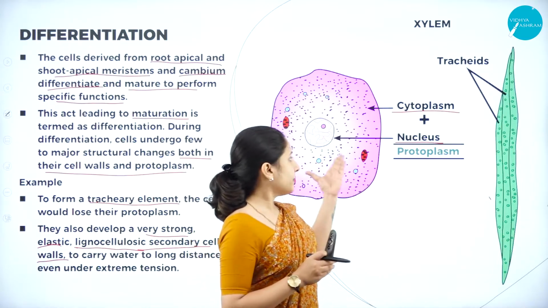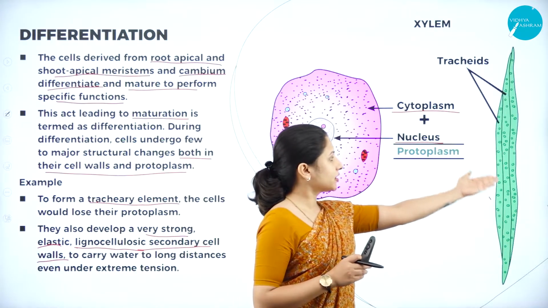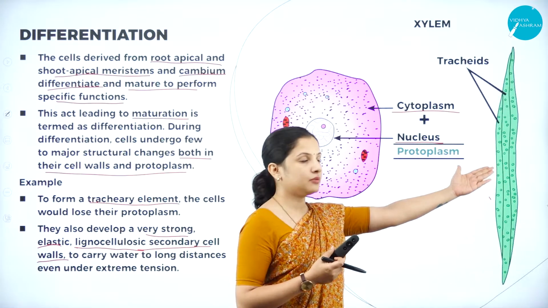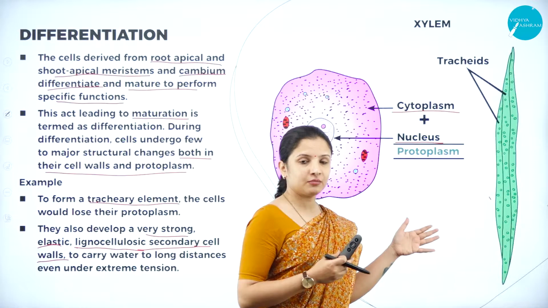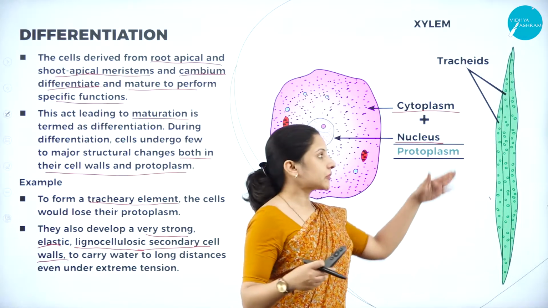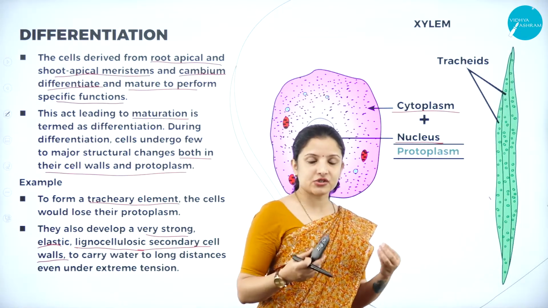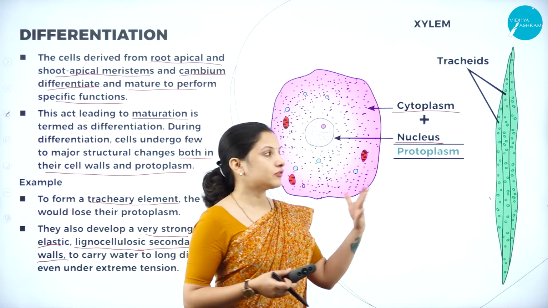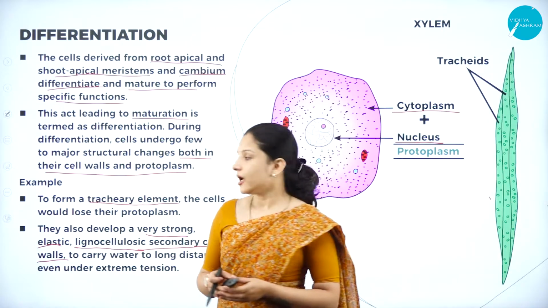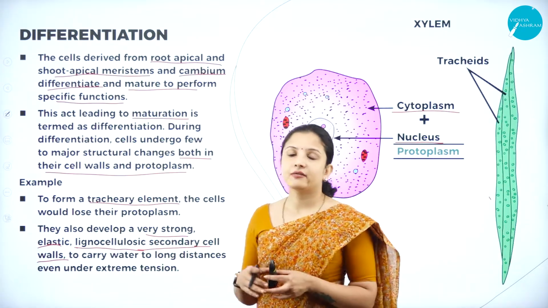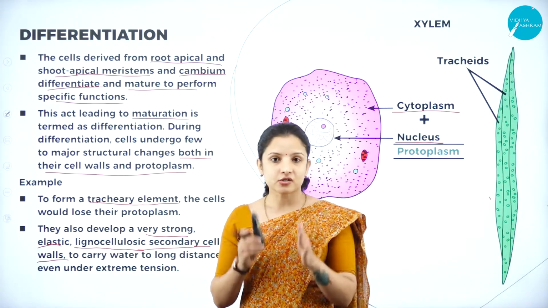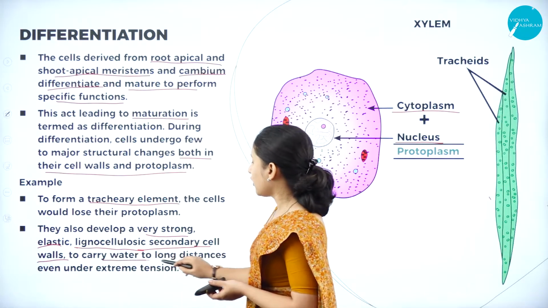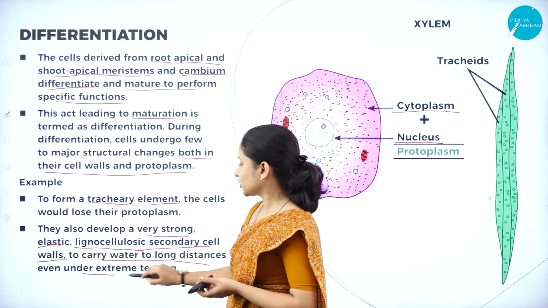When a mature cell is structurally changed into a tracheary element of the xylem, it loses its protoplasm and becomes elongated. Then cellulose and lignin depositions on the cell wall occur. It becomes more elastic, and they are structurally organized in such a way that they can carry water to long distances under extreme tension.